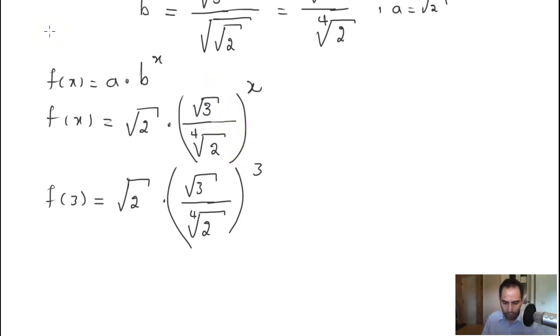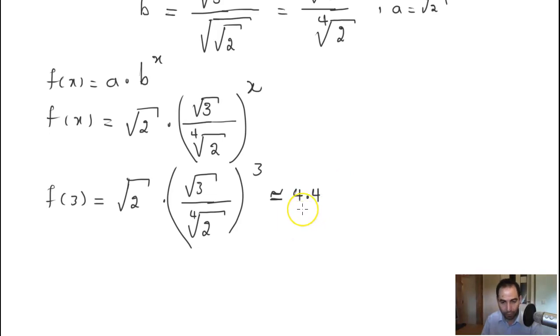According to my calculator, this expression is approximately equal to 4.4.